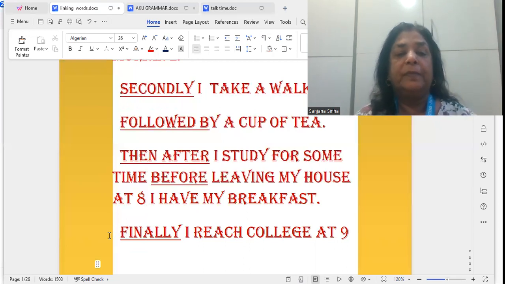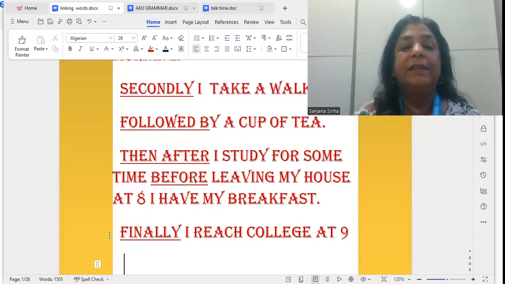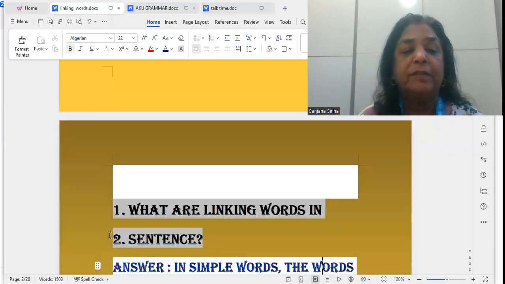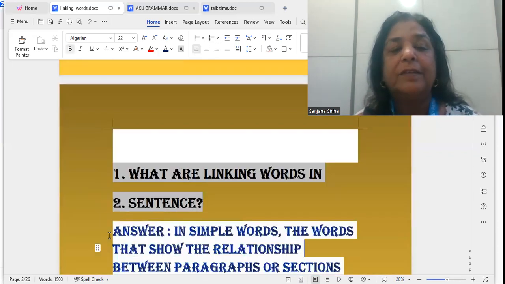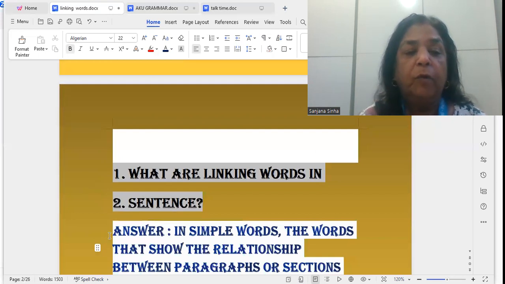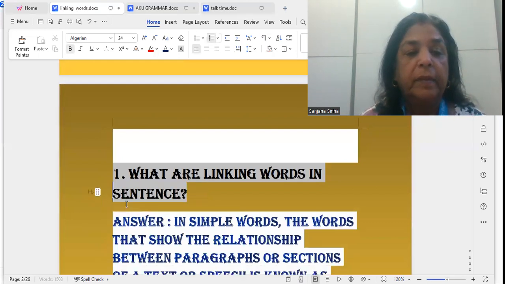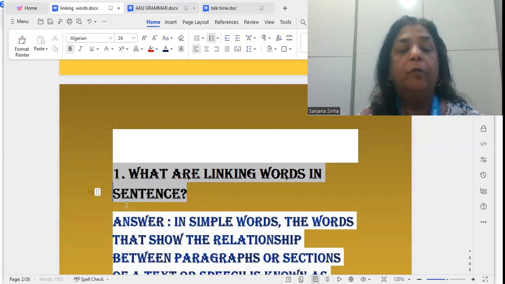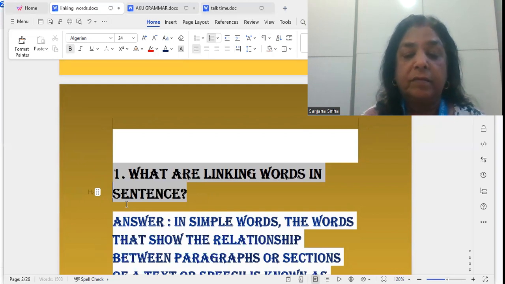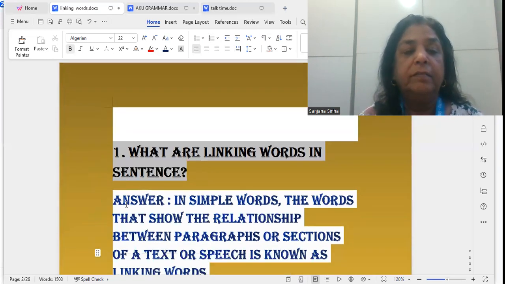So let us make it easier for you with some questions. What are linking words? What are linking words in a sentence? The answer?